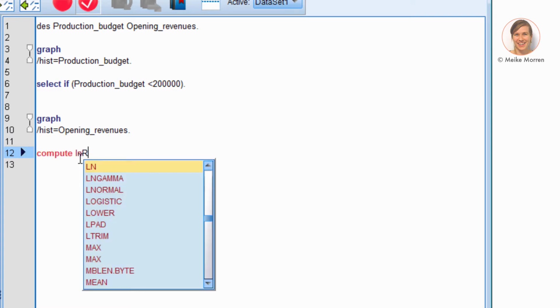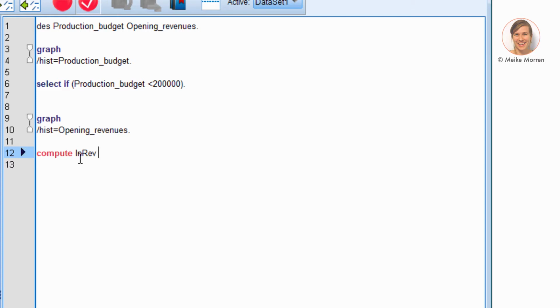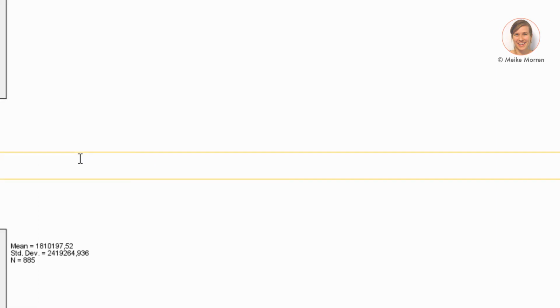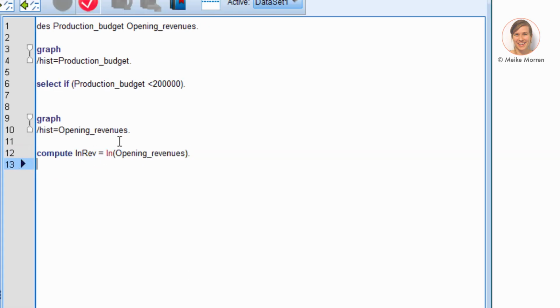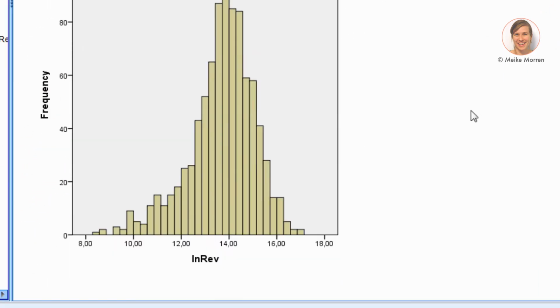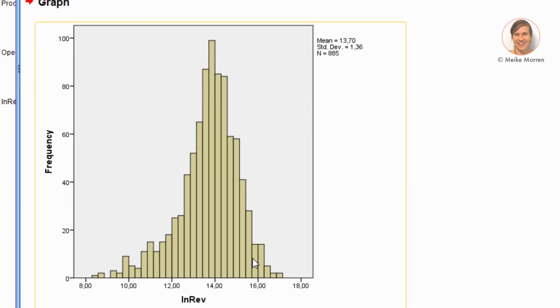Hereby I compute a new variable, log rev. And when I run this again, you see that it is nicely normally distributed.